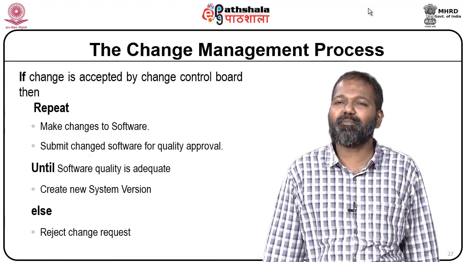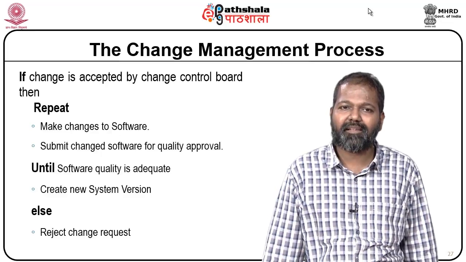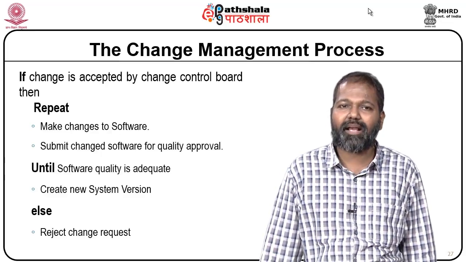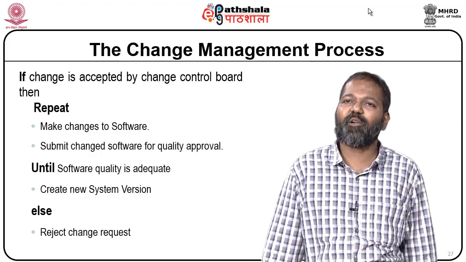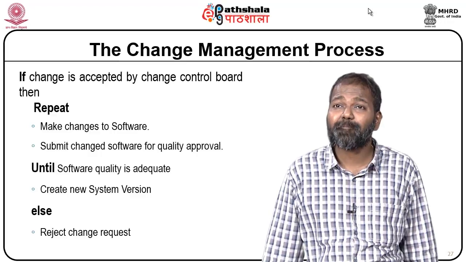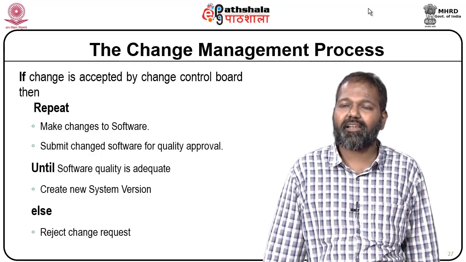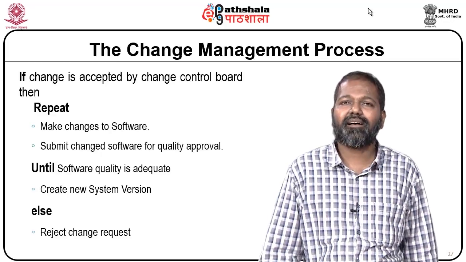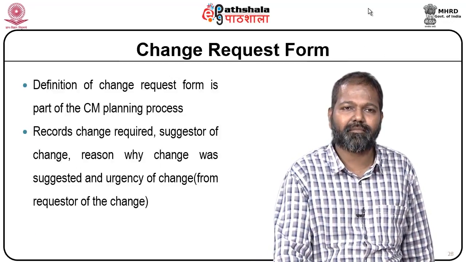If the change is accepted by the change control board, then repeat: make changes to software, submit changed software for quality approval, until software quality is adequate. Create new system version. If the change is not accepted, reject the change request.